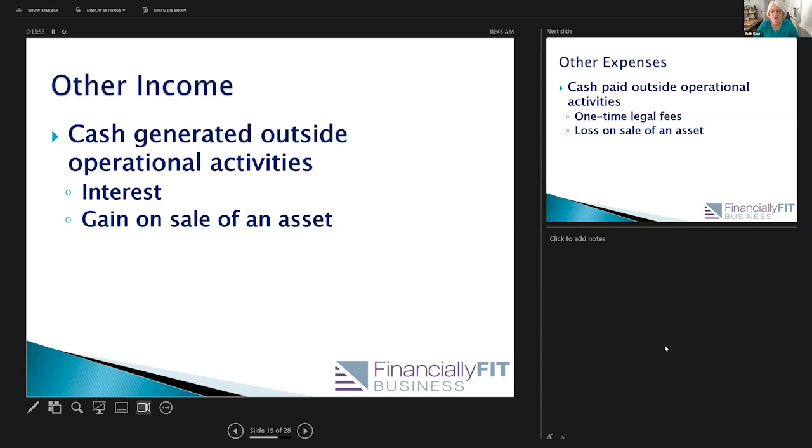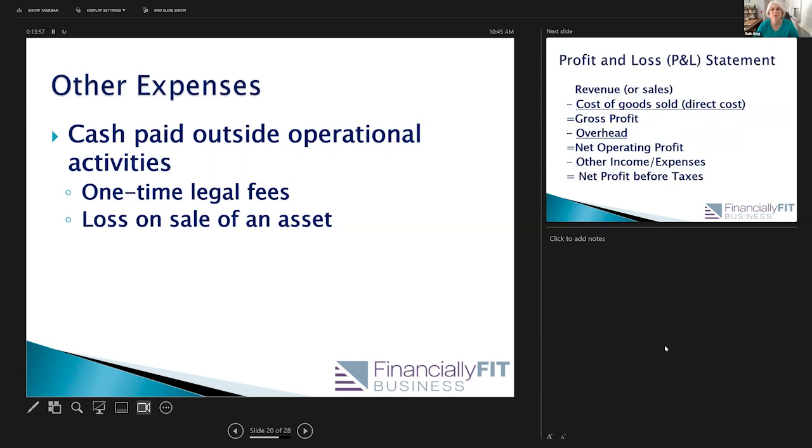Other expenses might be cash paid outside of operational activity. So like one-time legal fees, or if you lost on the sale of an asset. For example, I know I'm going into the balance sheet for a second, but on your balance sheet, your truck is worth $1,000 and you sell it for only $500. Well, you can take the other $500 as a loss on the sale of asset.